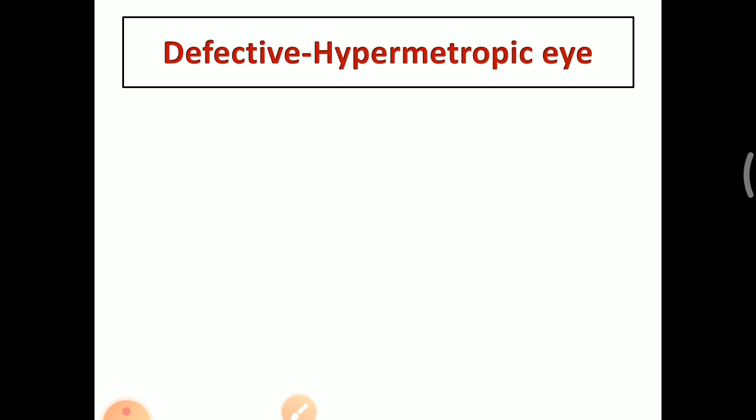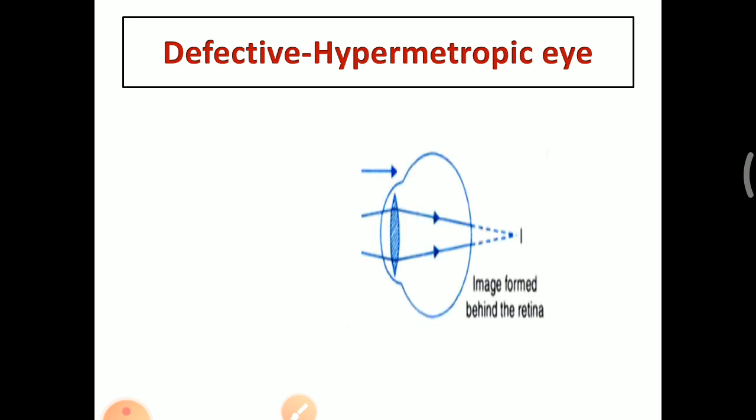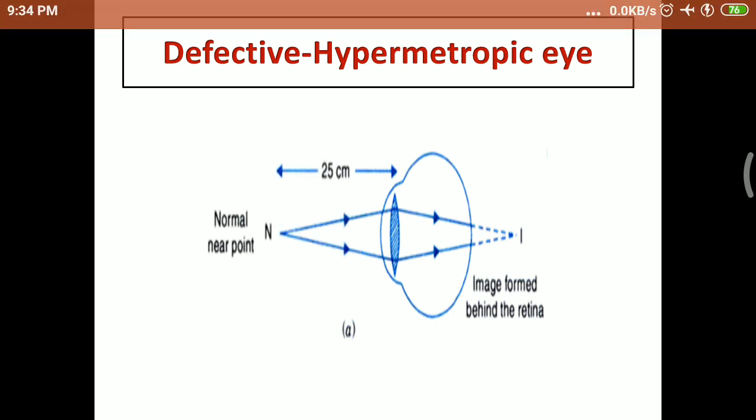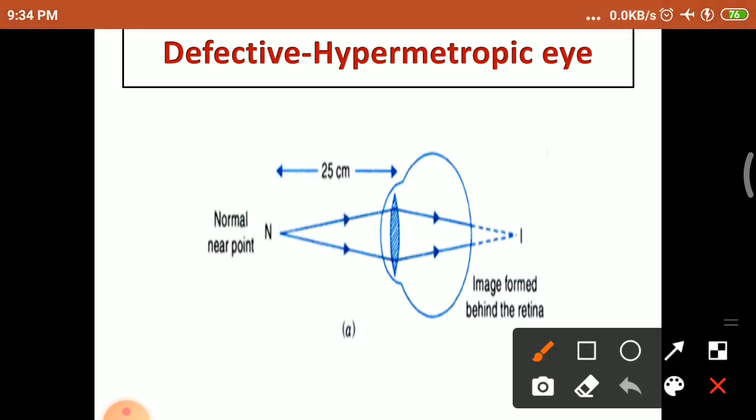The next one, what is meant by defective hypermetropic eye? A hypermetropic person can see the far object clearly, but cannot see the nearby object clearly.